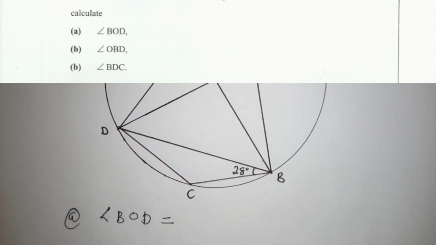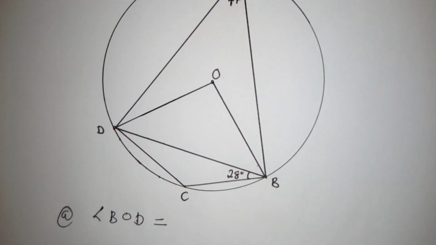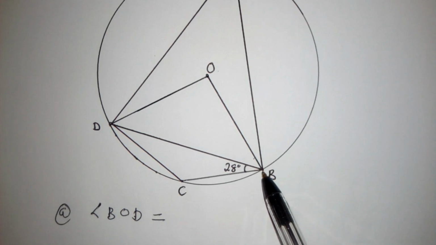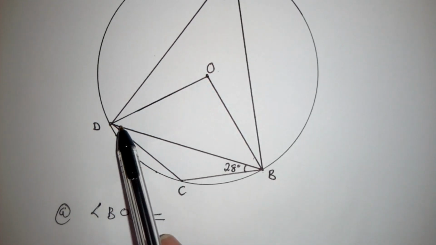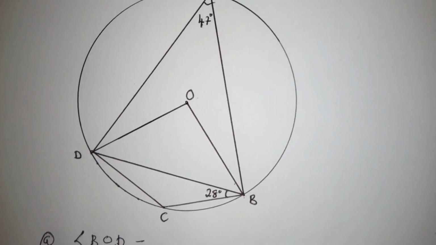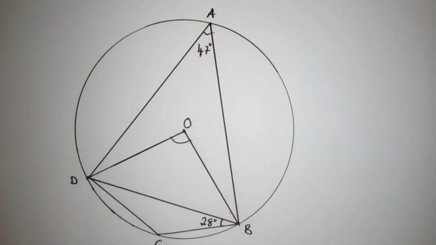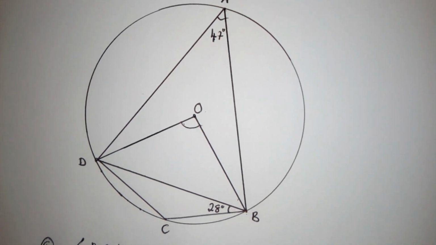Alright, so in order for us to calculate this angle, BOD, that means they want us to find the angle which is over here. This is the angle they want us to find. So how can we find that angle?